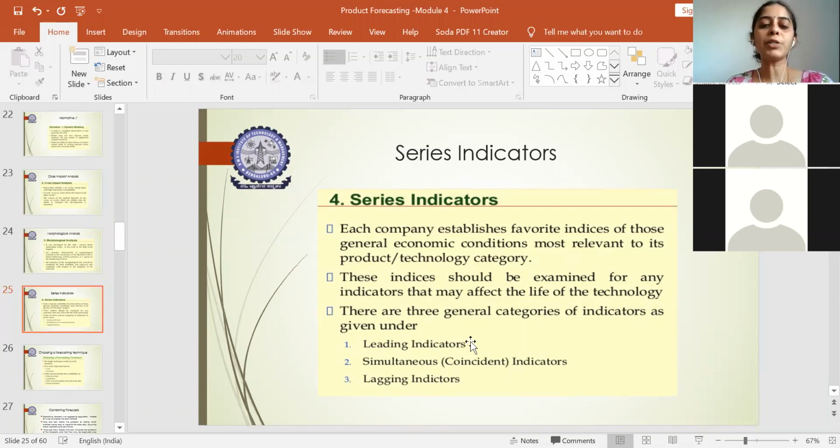Leading indicators provide you the plus points, lagging indicators provide the negative points related to the technology you are using, and simultaneous indicators provide the current situation other people are also facing. Based on the data grabbed, they will be able to identify a better and optimized result. This is how it is taken in the case of series indicator.